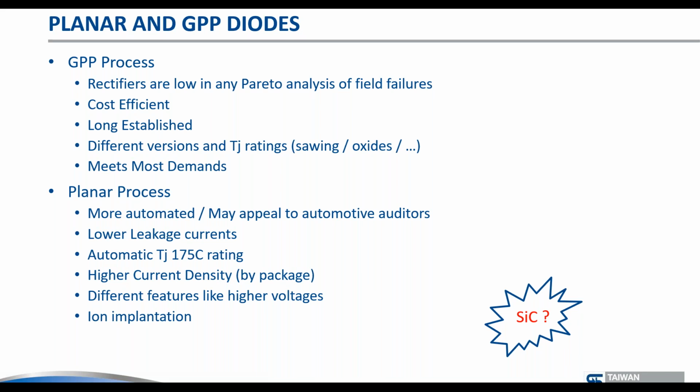Will silicon carbide make a big inroad into the rectifier market? Maybe I'm a heretic by saying no, or not that much, when the rest of the people always think it will. The VF of a silicon carbide diode is higher than silicon.